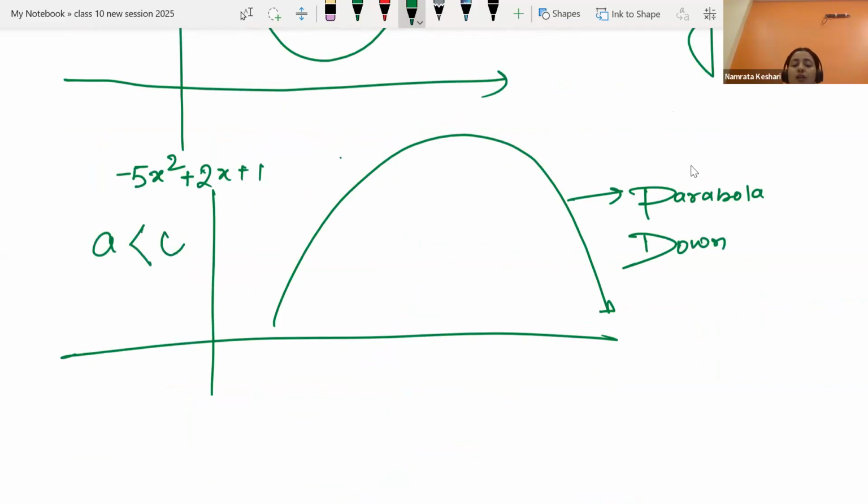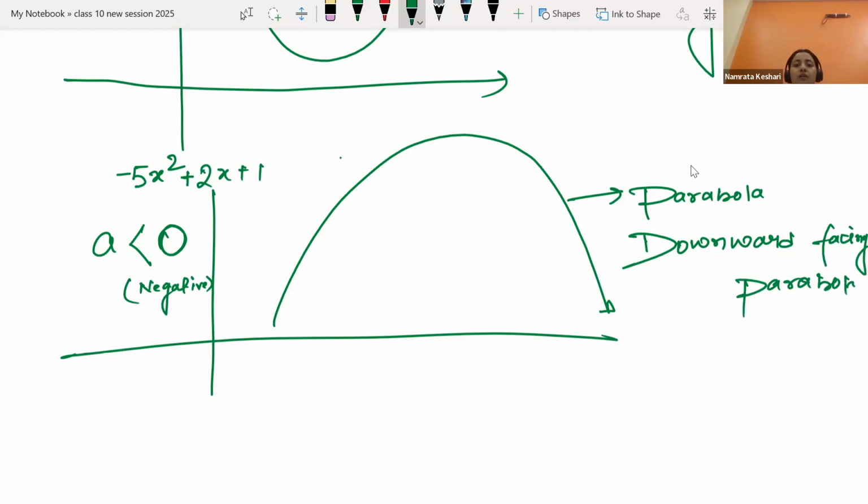When a is smaller than 0, that means a negative number, we will get a downward facing parabola. This is a little bit of theory which you don't need while solving the question, but maybe in an MCQ question they can ask. Is it clear? Yes, ma'am.